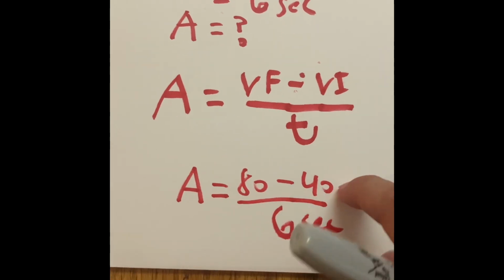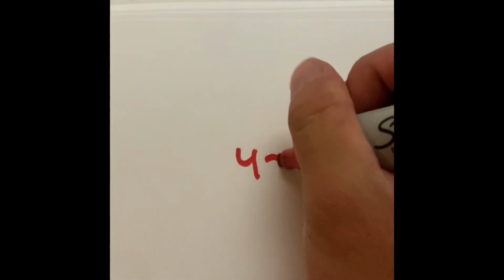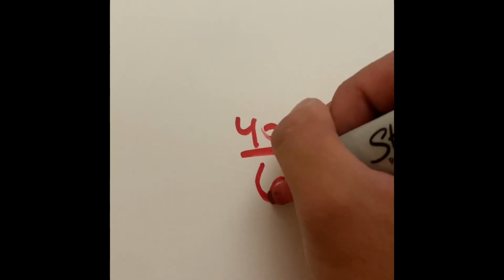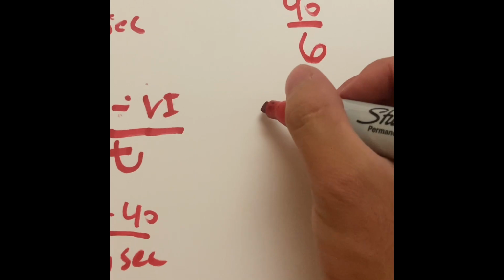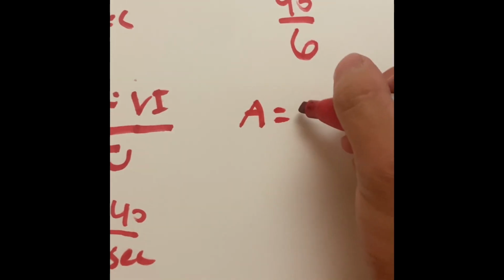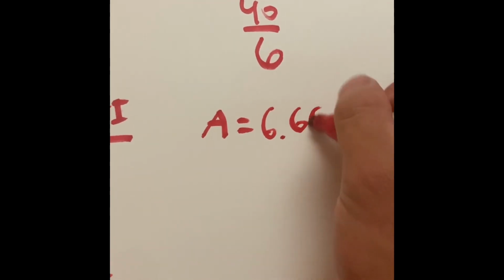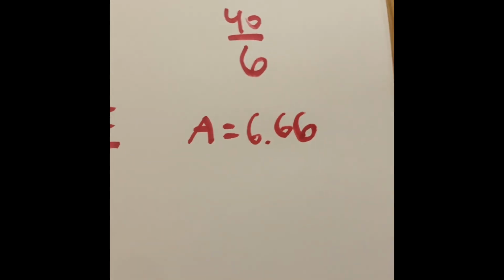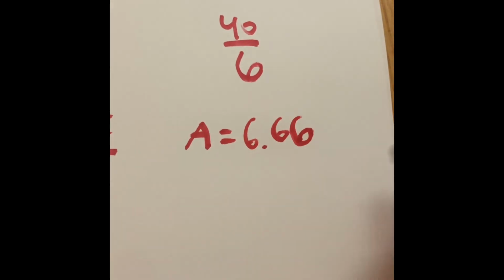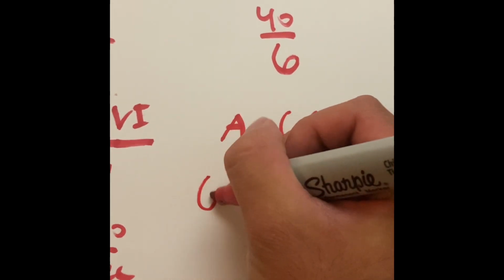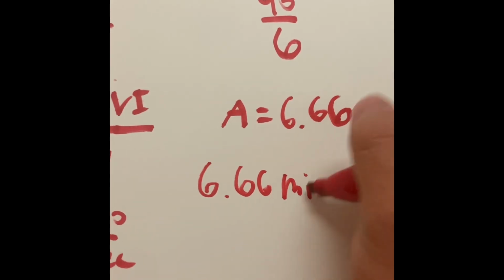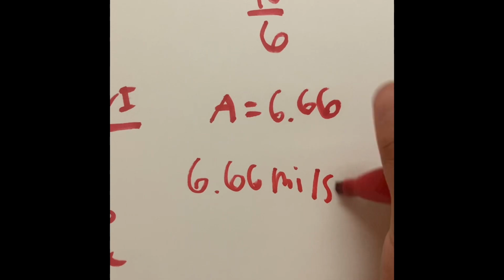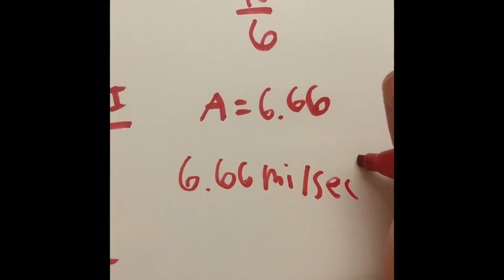So 80 subtract 40 is 40. And 40 divided by 6, well, in this kind of problem, you will need a calculator. You're going to get a equals 6.66. But hang on, now we need to label it. 6.66 what? 6.66 miles per second squared.